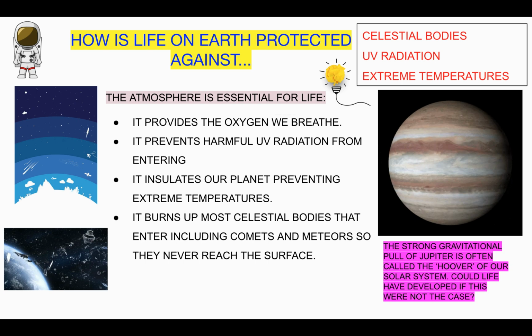The next thing is it insulates us from extreme temperatures. You might realize that the planet is rotating, and that every 24 hours it has completed a full rotation. But during nighttime, guys, the Earth is faced away from the sun. It's actually faced towards space.